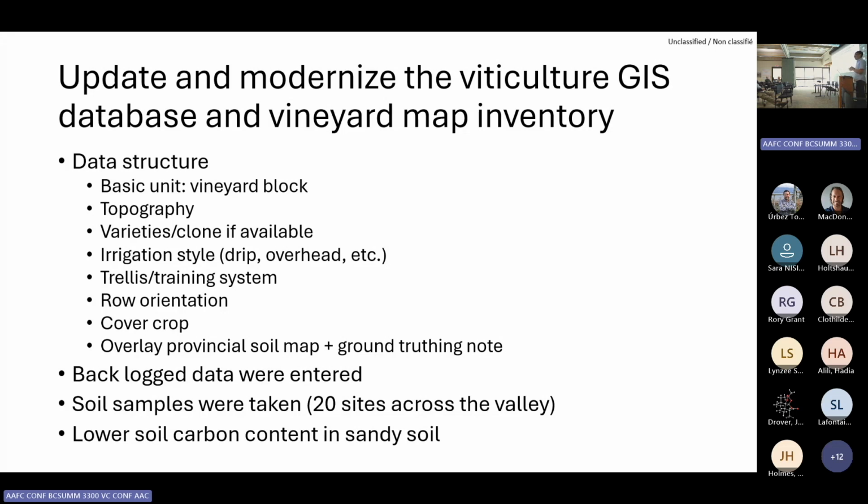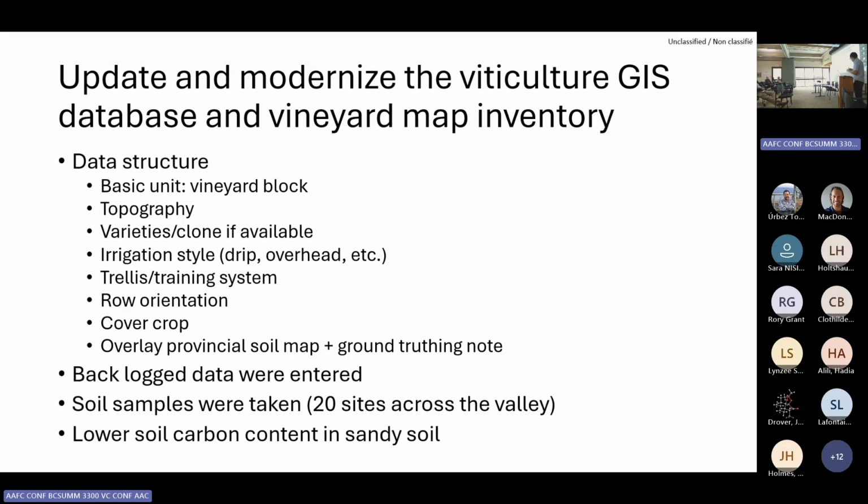He's the one actually walking into those vineyard blocks and mapping the whole area of that block, and also capturing all these different factors. Usually the basic unit is one vineyard block, and we record topography and variety, all these factors, cultural practices, all that stuff in that database.